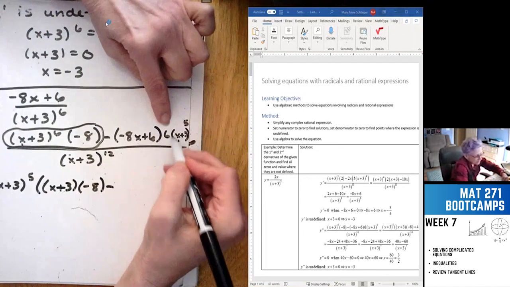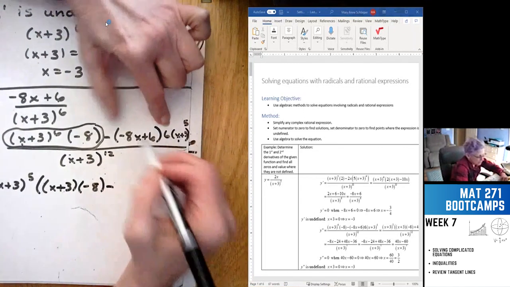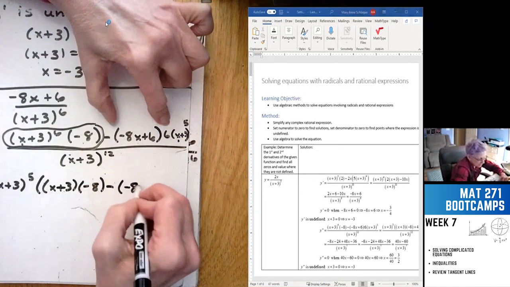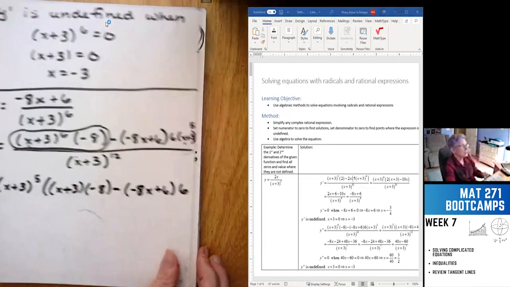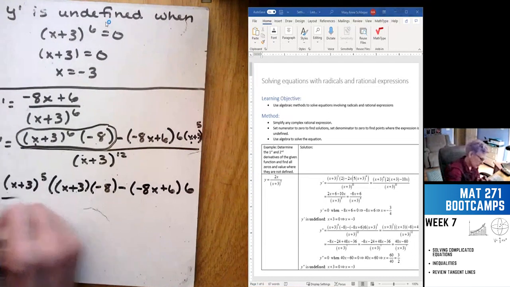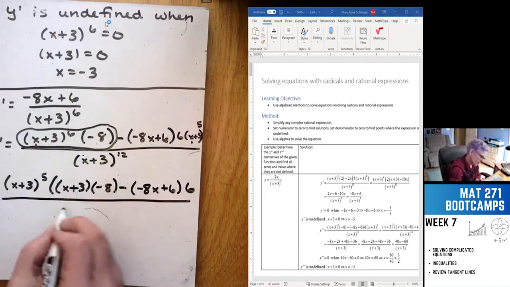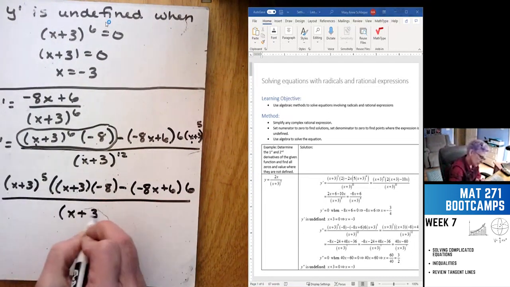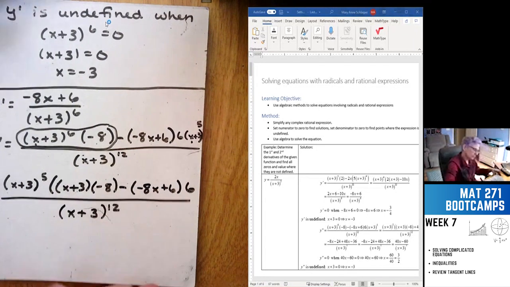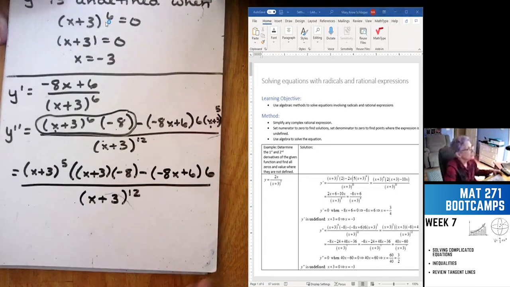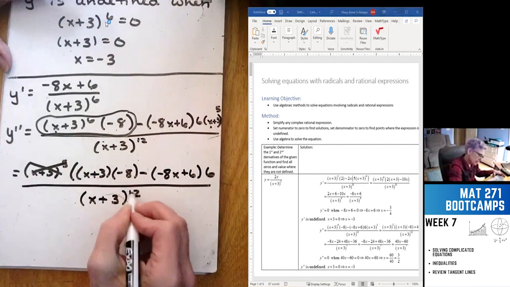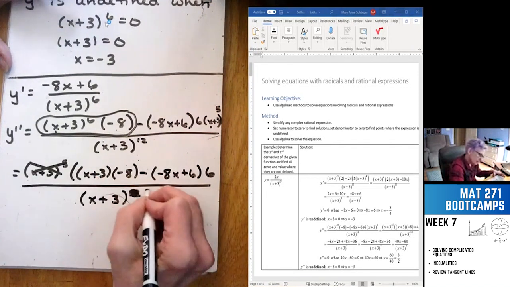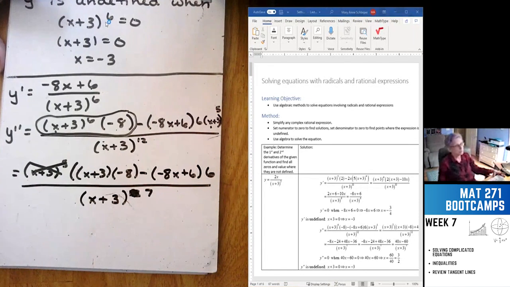From the second little unit here, I'm left with the minus 8x plus 6 and a 6. And down below, nothing has happened. But that just makes my life a little simpler, because this can go away, and that is now to the 7th power.